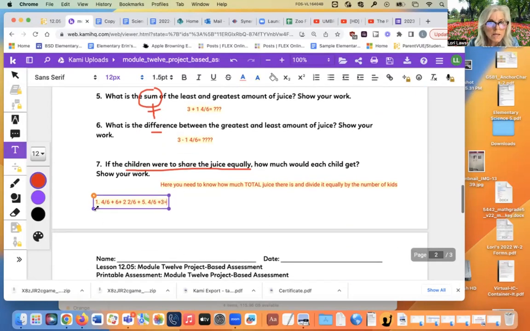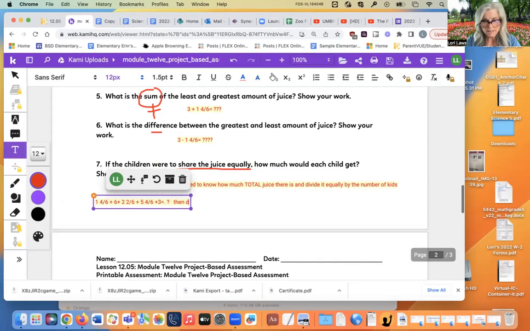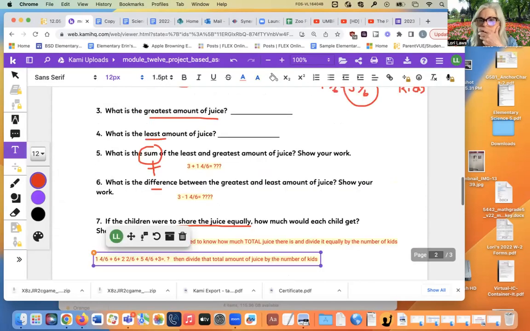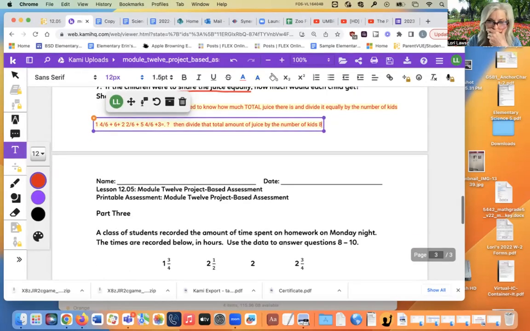Is that right? 1 number, 1 and 4/6 plus 6, that's 2 numbers, plus 2 and 2/6, that's 3 numbers, plus 5 and 4/6, that's 4 numbers, plus 3. Whatever that equals, and I'm not going to do it for you, you're going to then divide that total amount of juice by the number of kids, which is, how many did we say? 8 kids. 8 equals blank quarts of juice each.